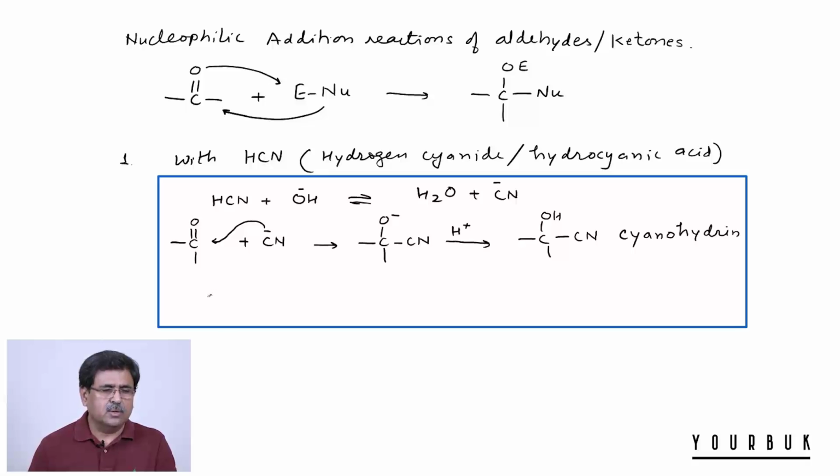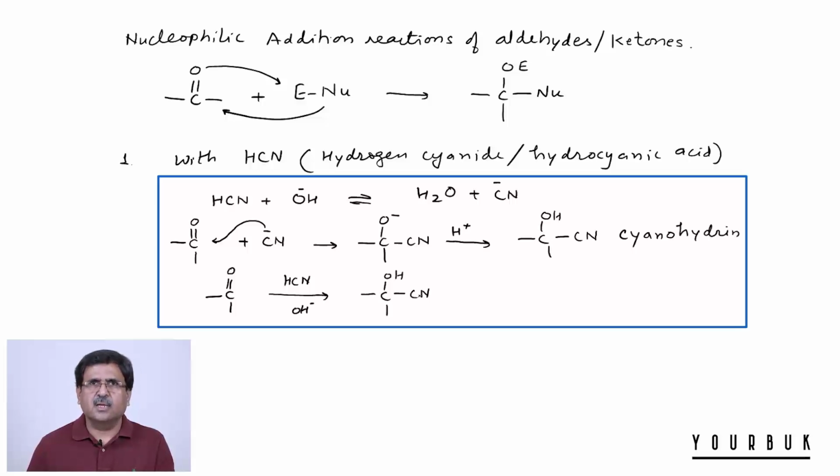Now this is our carbonyl group, maybe aldehyde, maybe ketone. On reaction with hydrogen cyanide in alkaline medium, it gives a cyanohydrin in which the hydrogen adds to the carbonyl oxygen and the CN- as a nucleophile adds to the carbonyl carbon.